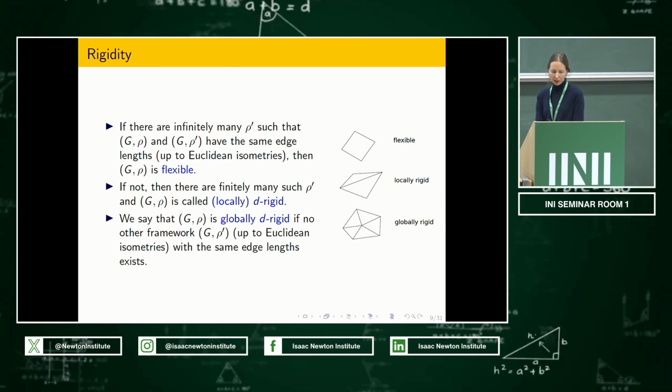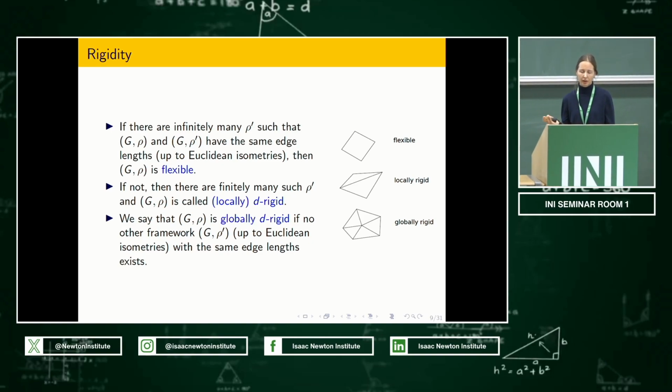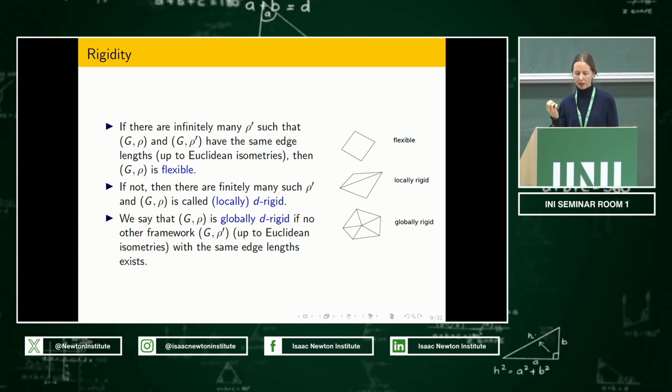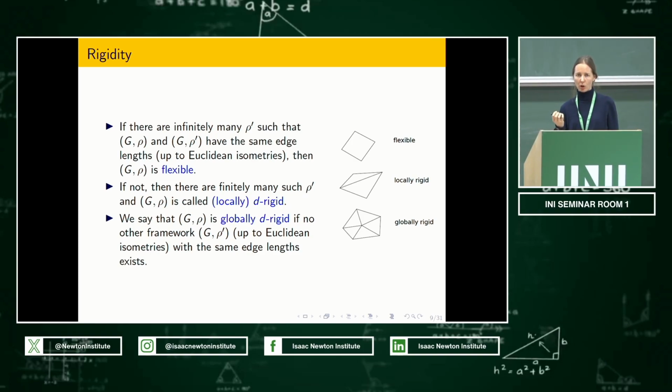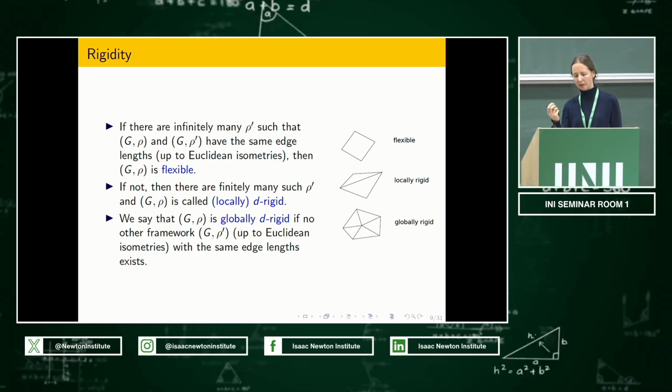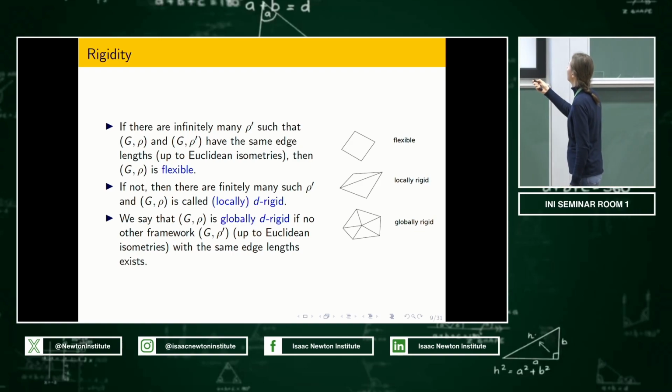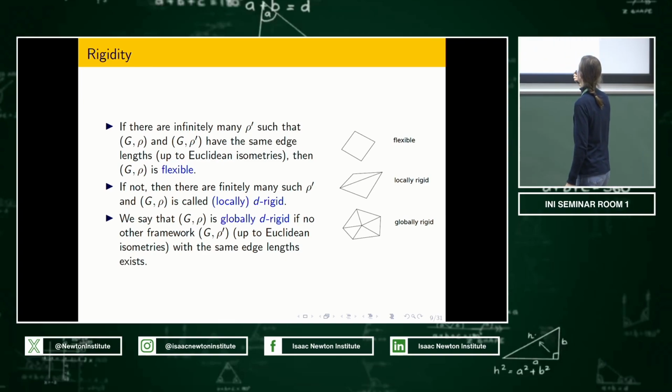So there are three main situations. If, up to Euclidean isometries, there are infinitely many realizations of G that have the same edge lengths, then we say that our framework is flexible. And here you can see an example of a flexible framework.